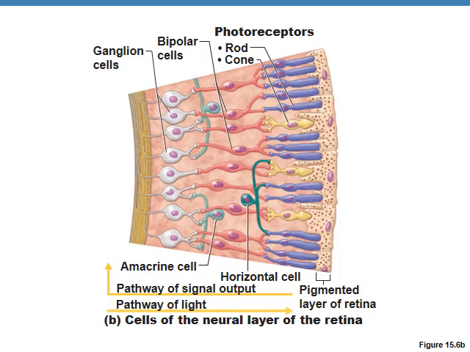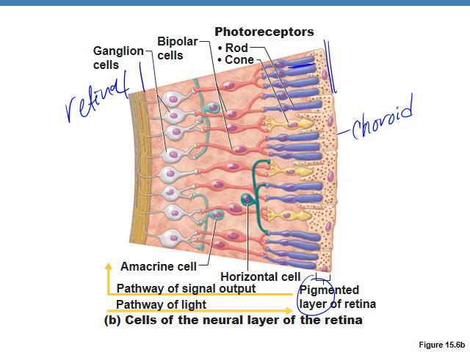We enlarge again. So all of this is retina, right? Back here is the pigmented layer, and back here you're going to have the choroid. These are your rods. You can see why they're called rods. And these are cones. So what happens is the light goes all the way to the back. It excites the rods and cones. The rods and cones are going to release their neurotransmitter.